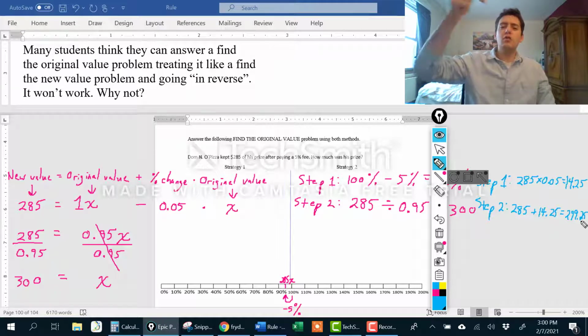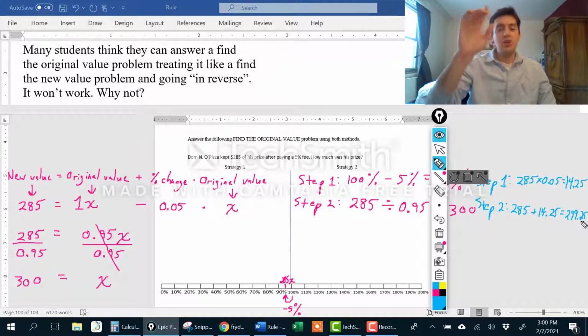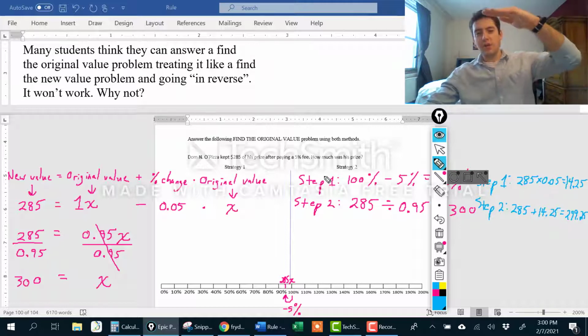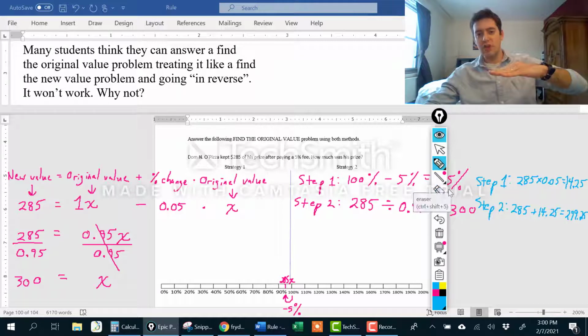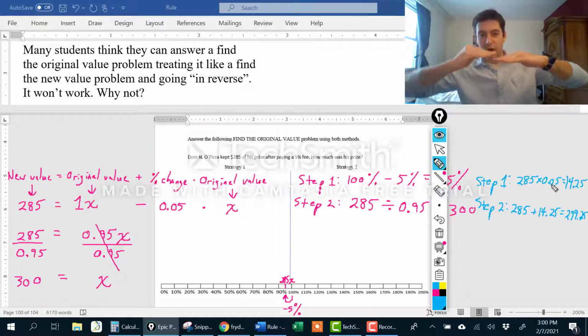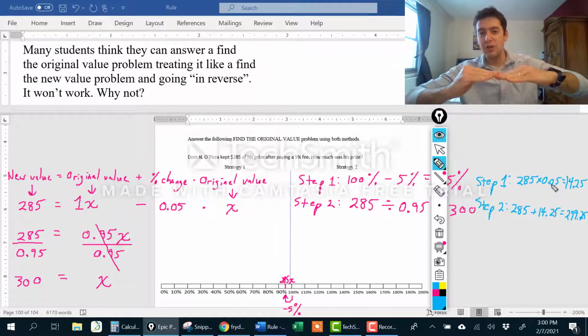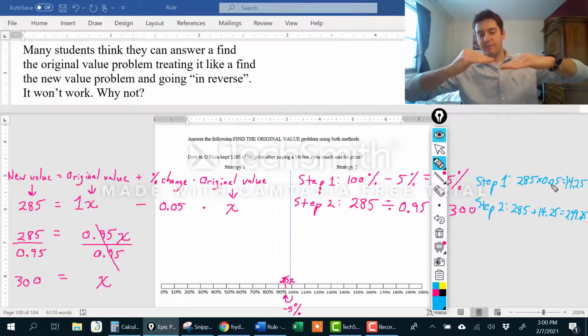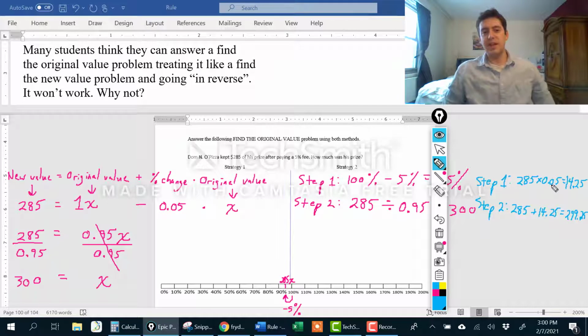If you go down by 40% and then you go back up by 40%, you don't end up where you started, actually. And it's the same thing here. If something goes down by 5%, and then your strategy is to take 5% of that lesser value and increase it by that much, you're not going to end up where you started.